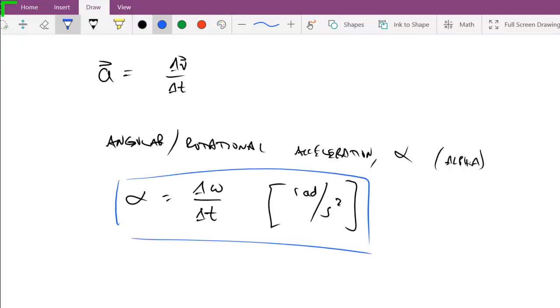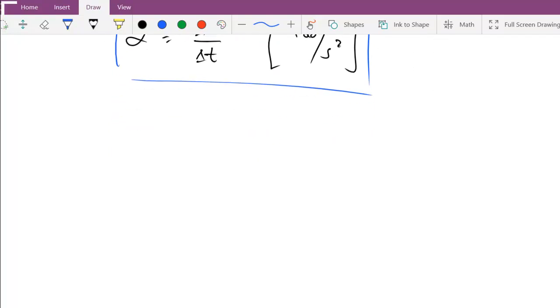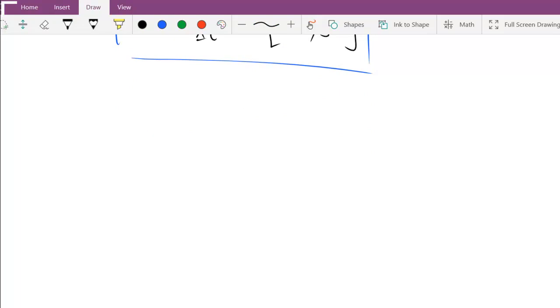Let me lastly talk about how these are actually all vectors. Alpha, omega, and delta theta are all vector quantities, and we use the same notation that we use for torque. So if we have counterclockwise rotation, this is a positive angular displacement, and this is a positive angular velocity and a positive angular acceleration.